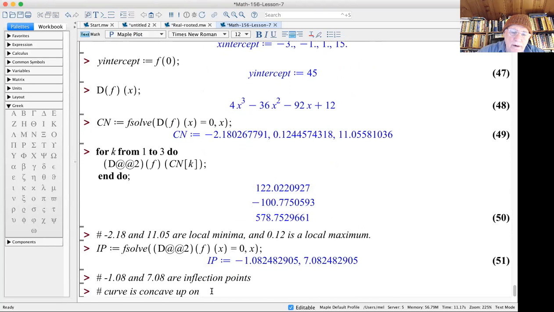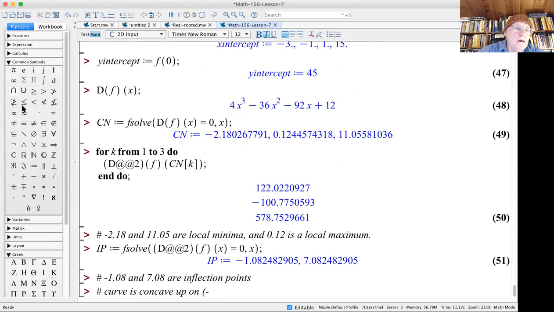So on minus infinity to minus 1.08 and 7.08 to infinity.